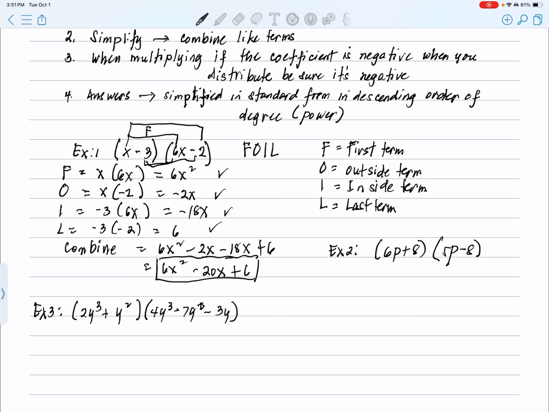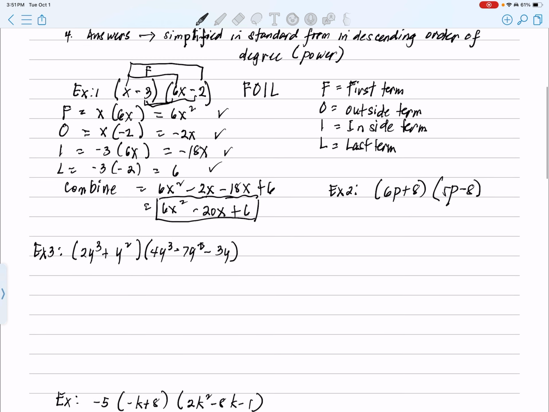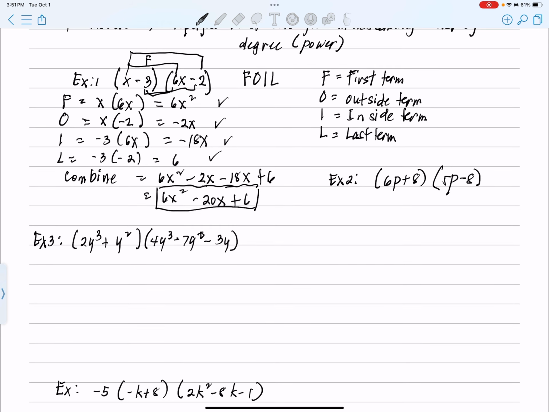Okay, let's have some more two binomials. All right, the quantity of 6p plus 8 times 5p minus 8. So first term, we multiply. This looks like a p. So F, 6p times 5p, that would become 30p squared.